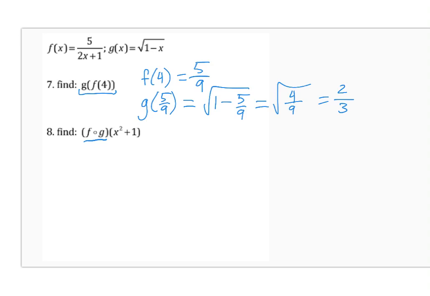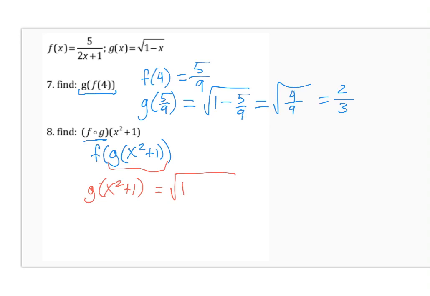This f of g notation is the same thing as saying f of g of, and then we've got x squared plus 1. Oof, this is going to be kind of a mess. I'm going to do the inside first because we go from inside out. So we've got g of x squared plus 1, which is the square root of 1 minus (x squared plus 1), and I think I remember there being an issue here, and there definitely is going to be an issue here in just a moment, so I apologize for that, although we can deal with that.